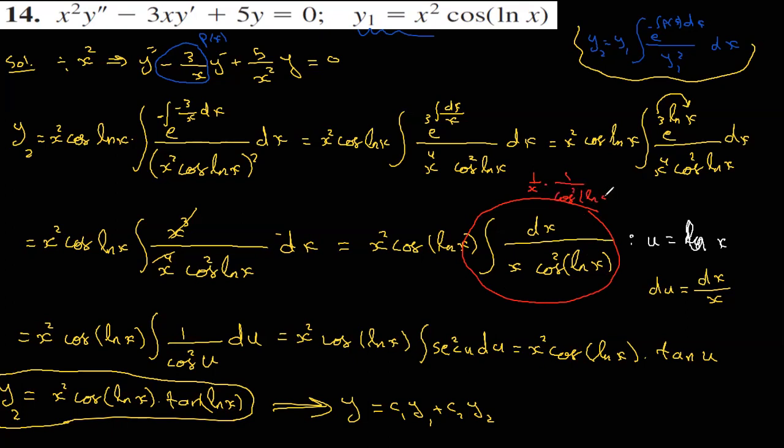I notice that 1 over x is the derivative of ln. I have a product, and 1 over x, the first function, is the derivative of ln, so I use this substitution. Generally, the substitution can be used if you have a product of two functions such that the derivative of one of them is similar to the second.